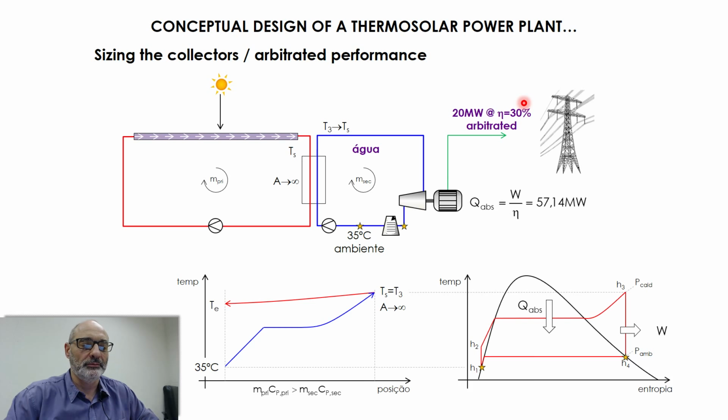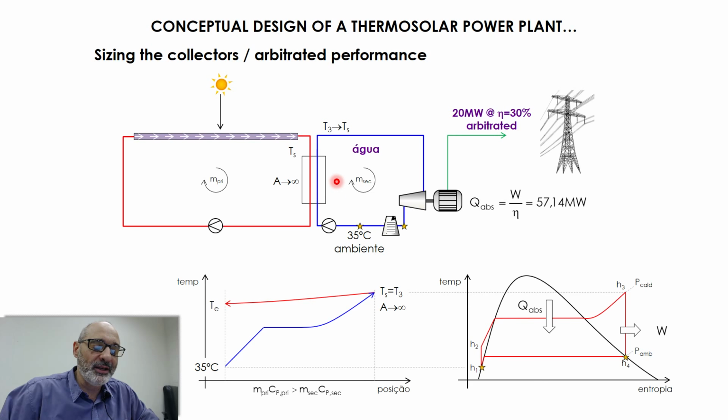I have a basic question, actually. In this thermosolar power plant, the sun heats the oil inside the pipe or the water with a salt, but how does the liquid make the turbine spin? This liquid heats the water and the water turns the turbine? Yeah, exactly. I'm going to show you this. The idea is that the solar energy is absorbed by the primary liquid.